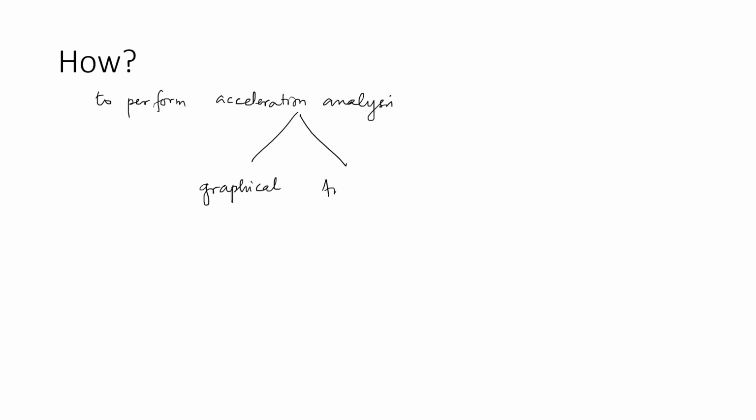So the next question is how to perform acceleration analysis. Obviously, we have seen in case of position analysis as well as velocity analysis that there are two approaches for doing that. One is what we call the graphical approach, and the other one is the analytical approach.